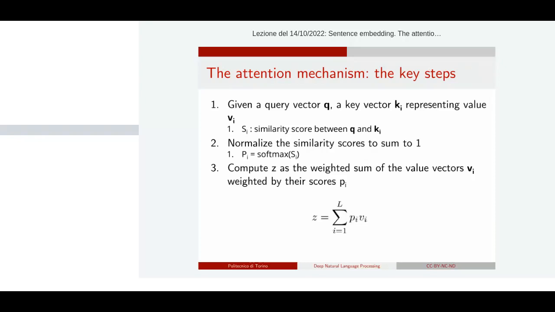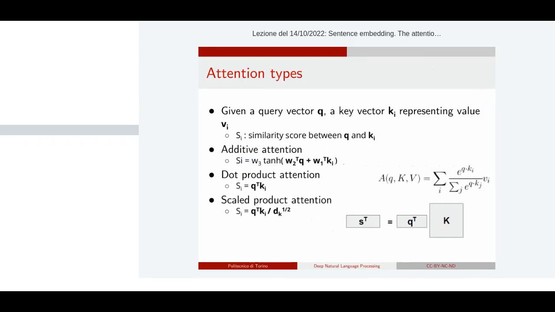But at the level of attention, okay, here it is. So given a query vector and a key, you want to find the value of the key maximizing the similarity with Q. So you compute Si as the similarity between Q and the Ki for every i.